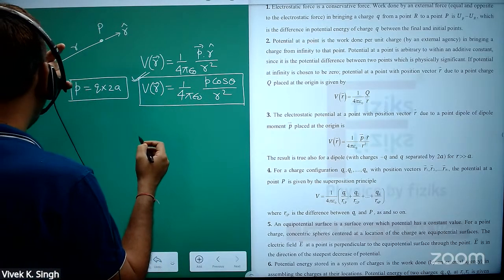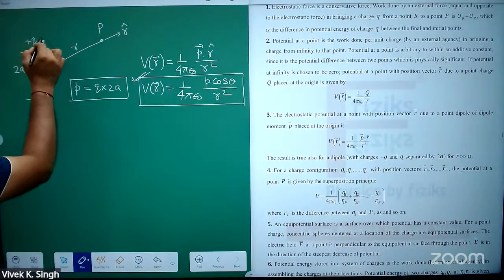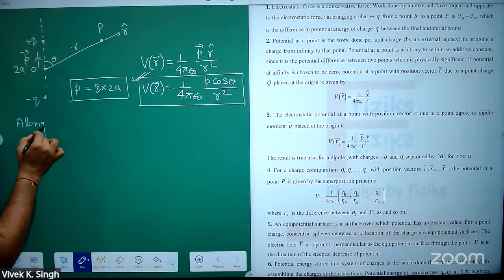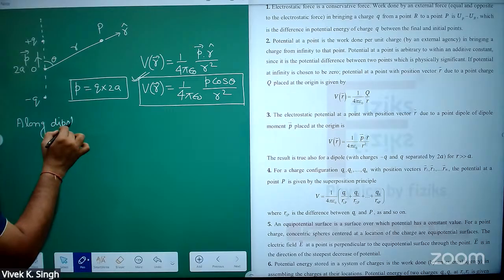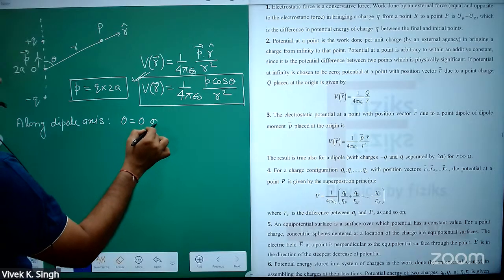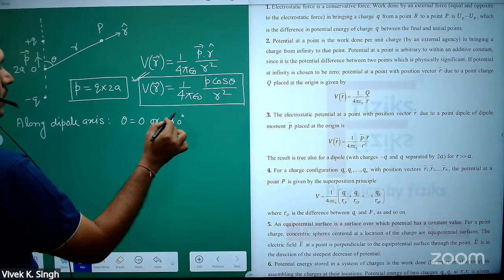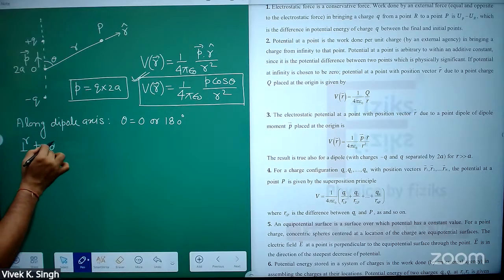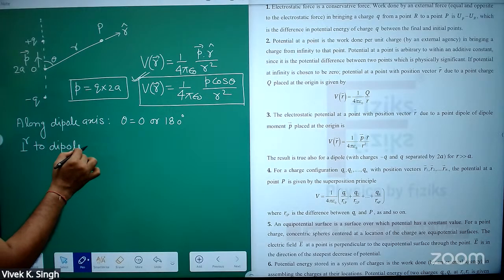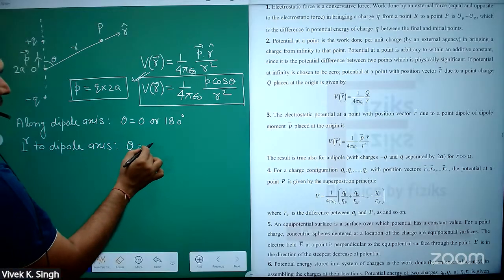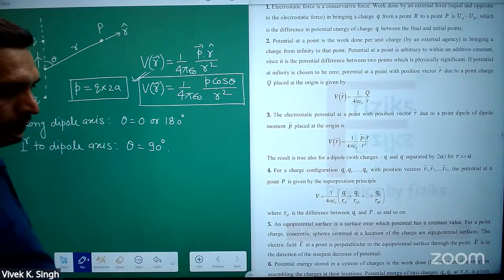So at a point along the dipole axis, theta will be 0 or 180 degrees, and along the direction perpendicular to the dipole axis, theta will be 90 degrees. ठीक है?